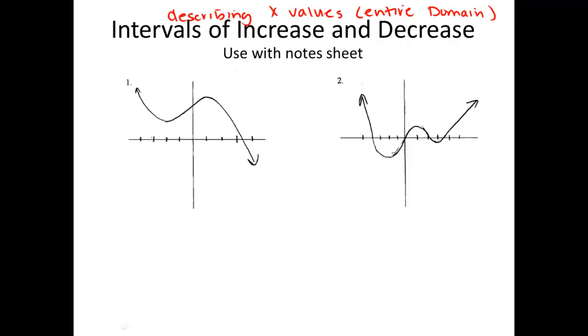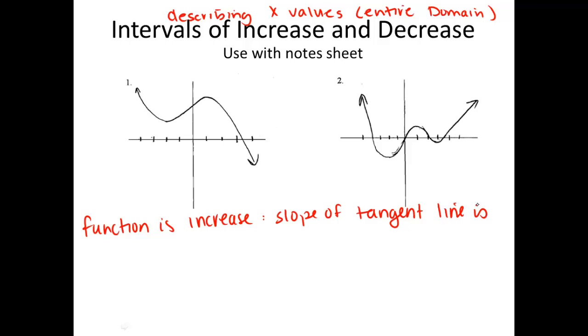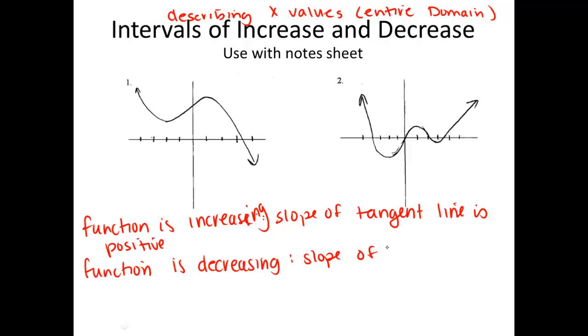A function is increasing if the slope of the tangent line is positive, and the function is decreasing when the slope of the tangent line is negative.